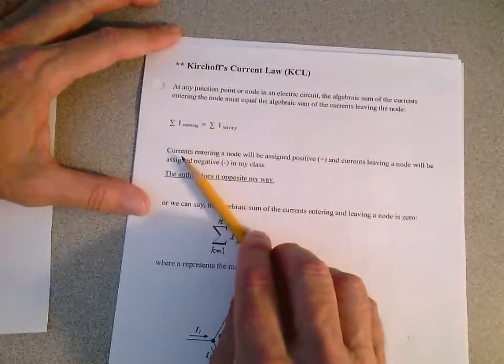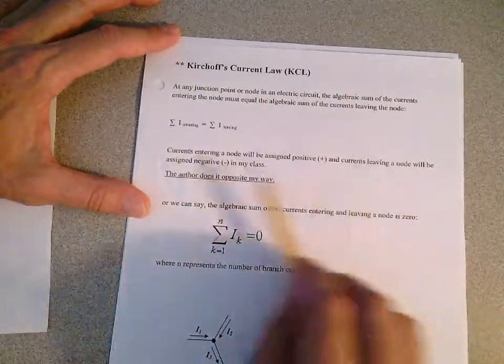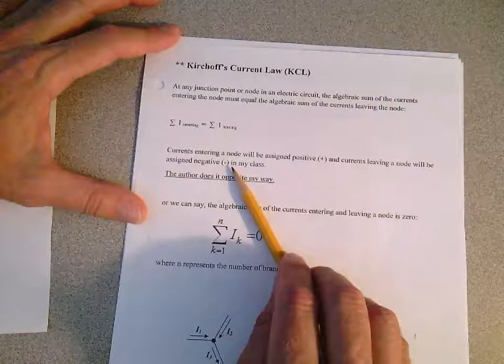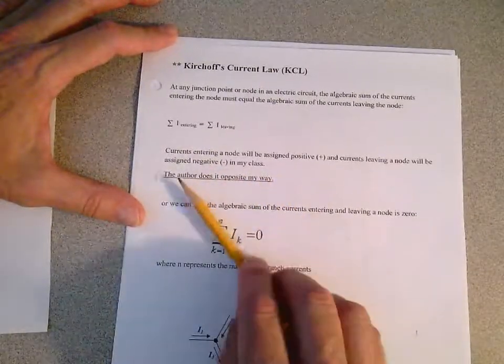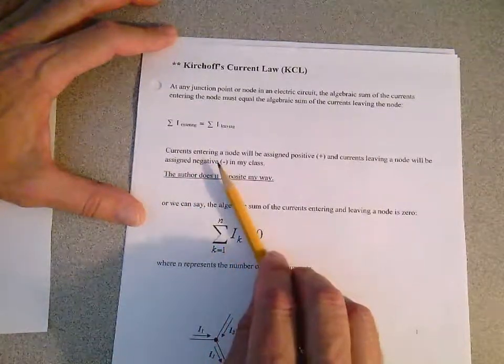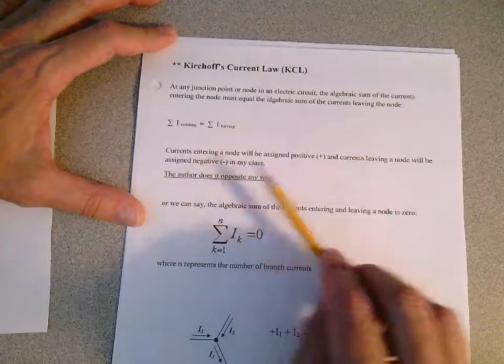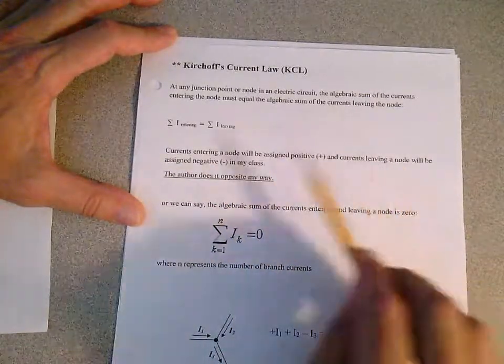We're going to use the assignment where currents entering a node will be positive and the currents leaving the node will be negative. Some textbooks do it differently. The textbook that we're using in this course does it just the opposite way. But we're going to stay with the convention where currents entering the node are positive and currents leaving a particular node will be negative.